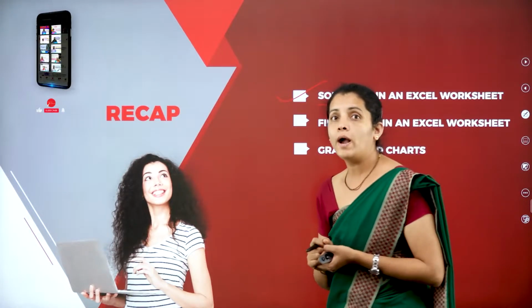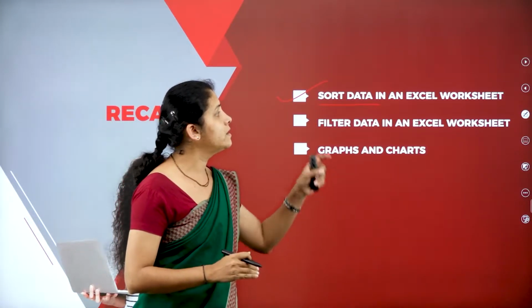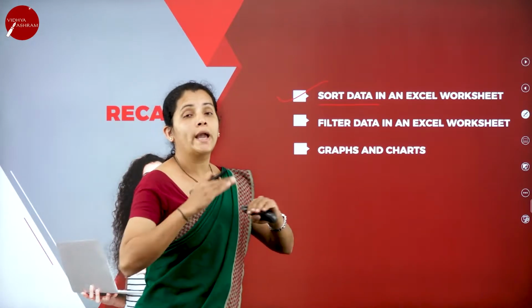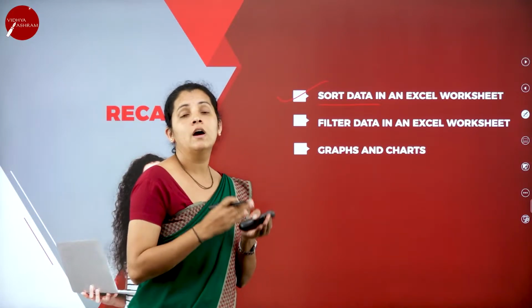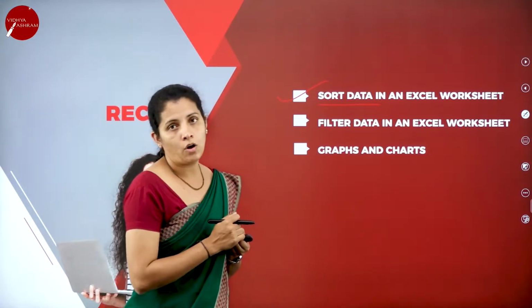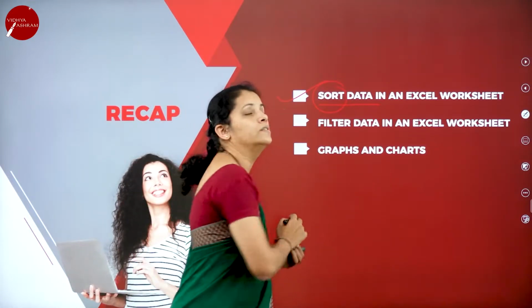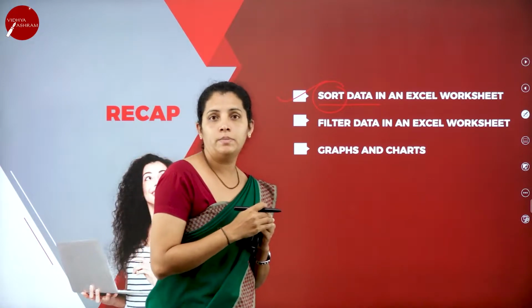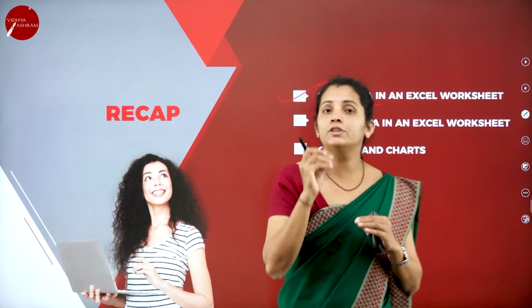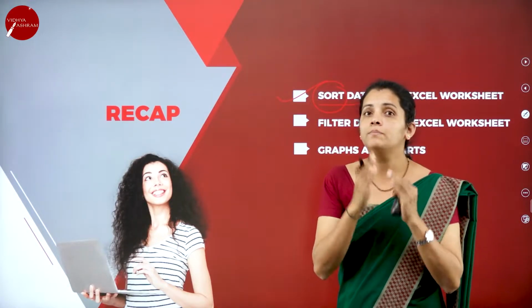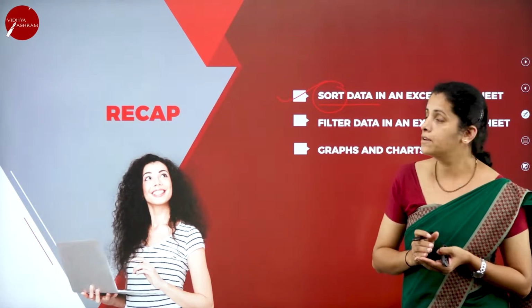That means how I can arrange or organize the data in the Excel worksheet, in some order, that may be ascending order or descending order, which can be done by using sort. So sort is nothing but arranging the data, that is the information or numbers, in ascending or descending order.